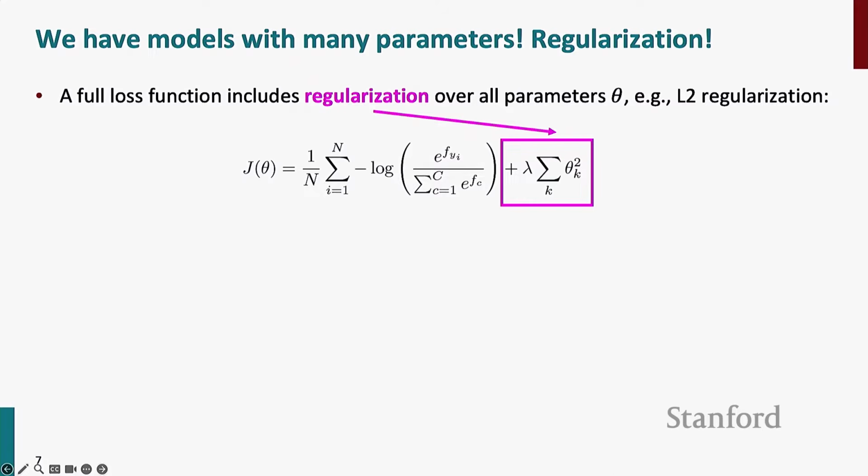And so normally we have some more complex loss function that does some regularization. The most common way of doing this is what's called L2 loss, where you add on this parameters squared term at the end. And this regularization says, it'd be kind of good to find a model with small parameter weights. So you should be finding the smallest parameter weights that will explain your data well.